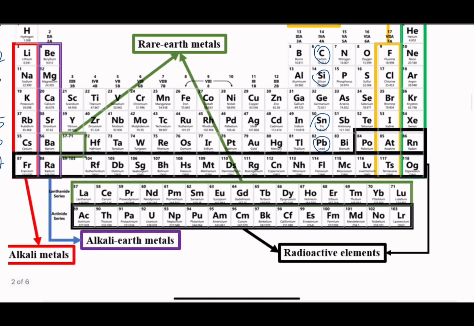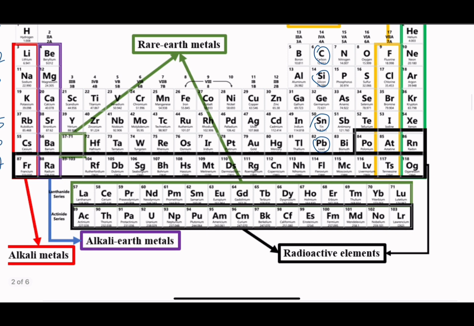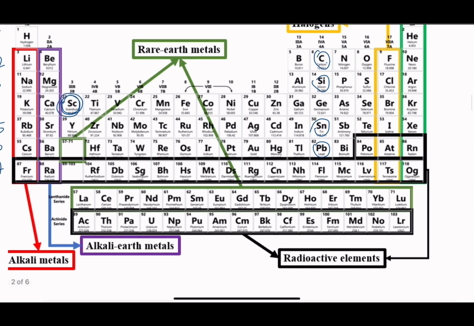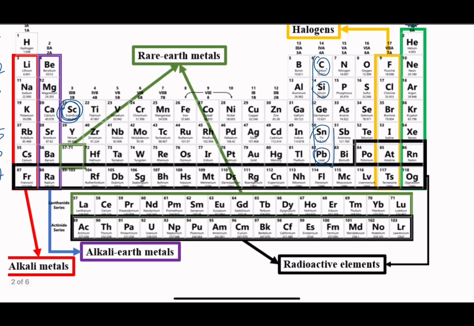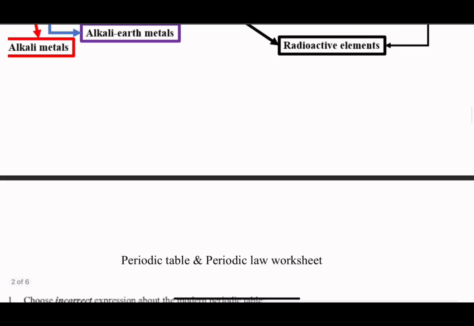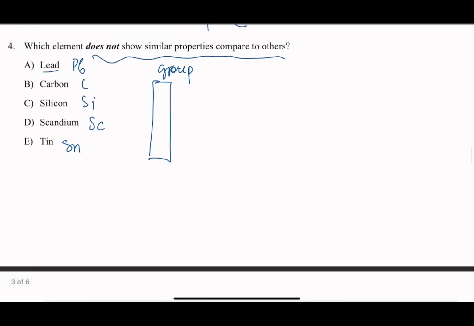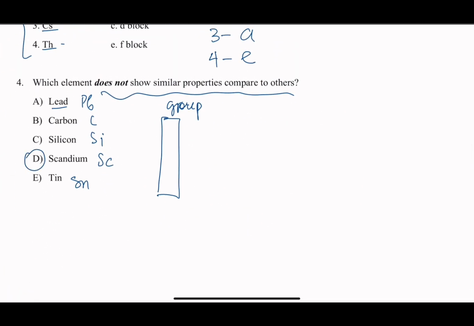Scandium is not in the same group. We know scandium is 3B, right here. Elements in the same group have common properties, so we're going to choose scandium because it's not in the same group.